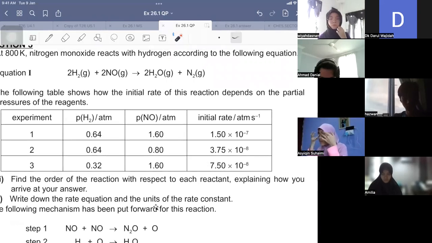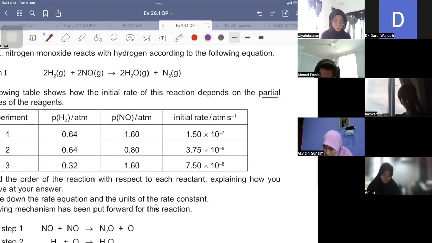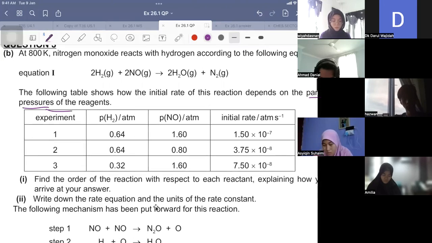Partial pressure, or pressure in general, is the same as concentration, but it's for gases. So we treat partial pressure like concentration for gases.